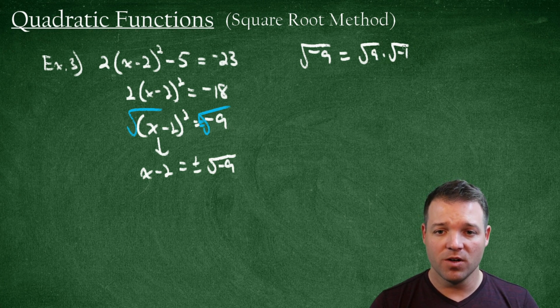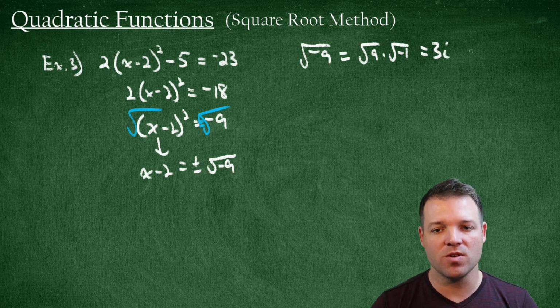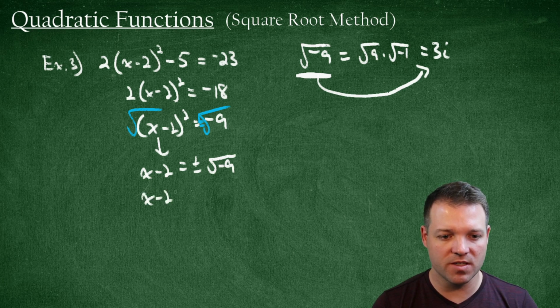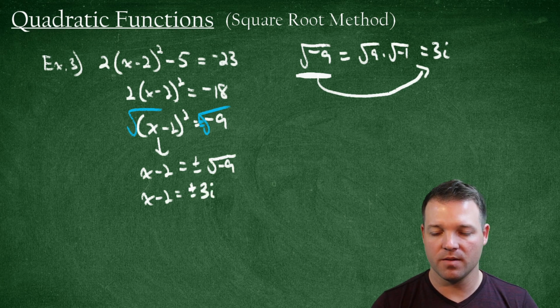The square root of 9 is equal to 3, and the square root of negative 1 is our imaginary unit i. So the square root of negative 9 is 3i. Let's write that in here. That means x minus 2 is equal to plus or minus 3i.